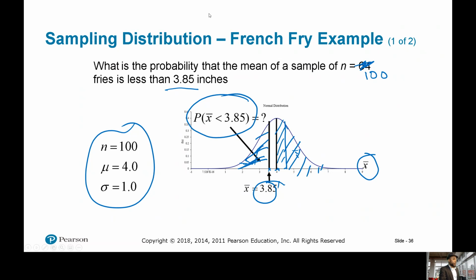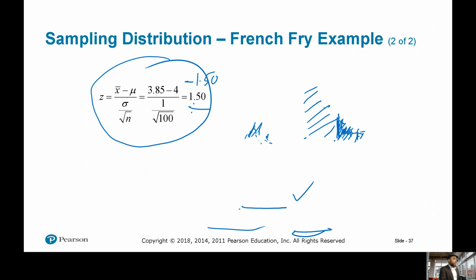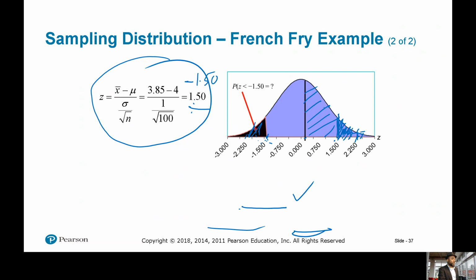Again, like I said, I recommend that you find the Z value, and that way you're using the standard normal distribution to find the area. So we computed the Z value in the previous video, and what we got for Z is 1.50. Now what's the area of interest? The probability that Z is less than minus 1.5. So how do we do that in Minitab?